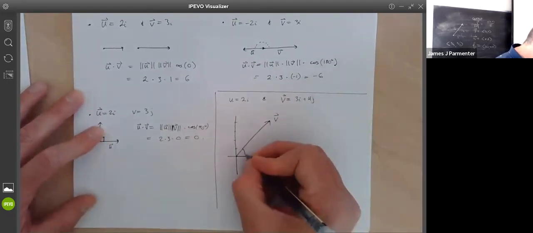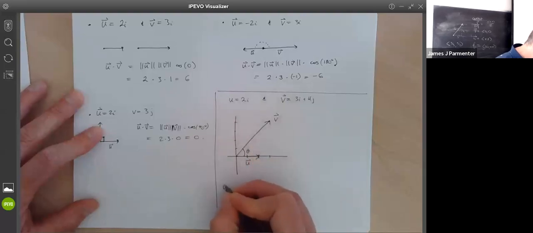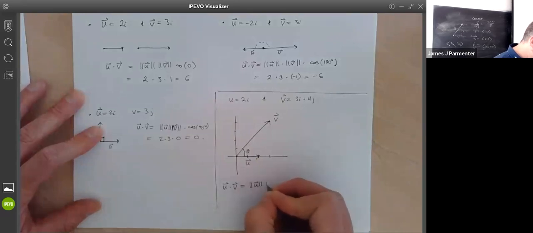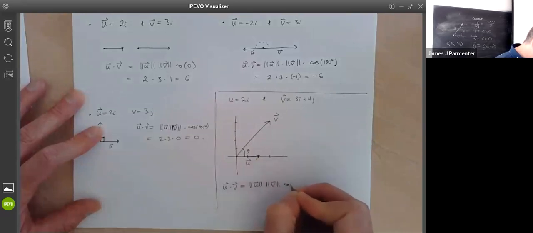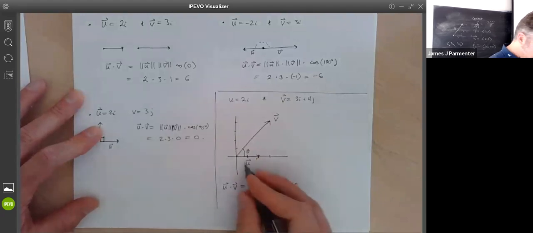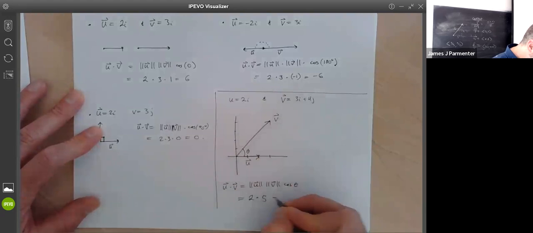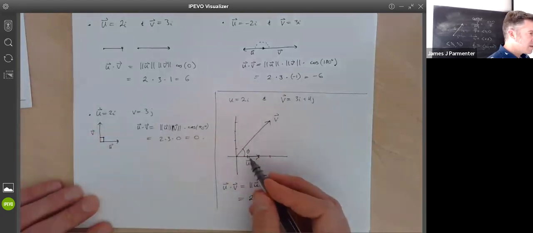So here, u dot v is going to equal magnitude of u, magnitude of v, cosine of the angle. The magnitude of u is definitely 2. We just found the magnitude of v. It was 5. Times cosine of that angle.